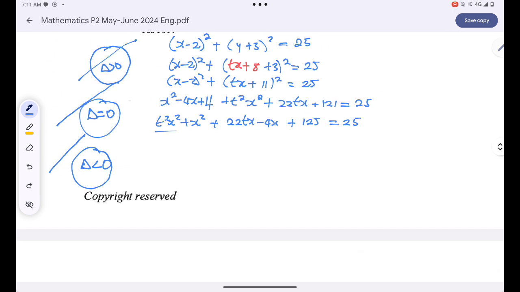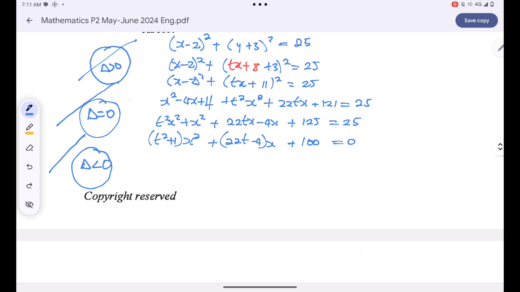Okay, so over there I can take out a common factor, guys. For t squared plus 1, the common factor will simply be x squared. Over there, if I take 22t minus 4, the common factor will simply be x, plus 125 minus 25, this will give me a positive 100 is equal to 0.